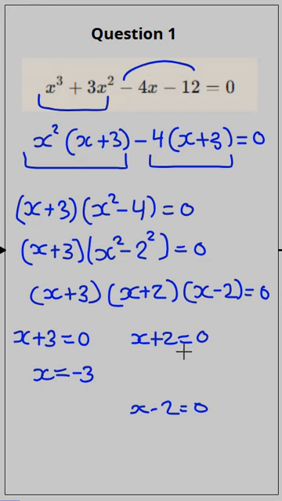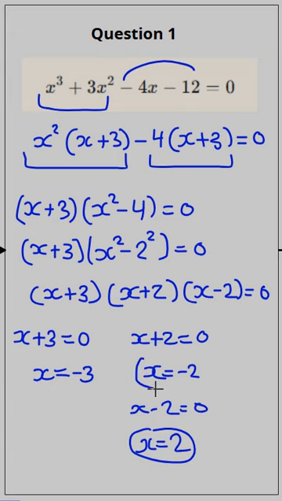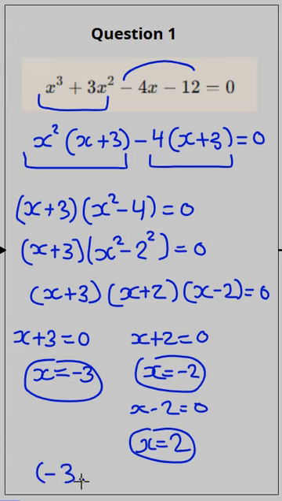And if you move this 2 to the other side, it will become minus 2. And if you move this minus 2 to the right side, you will get x equals 2. So these three are the values of x you will get when you solve this cubic equation: negative 3, negative 2, and 2.